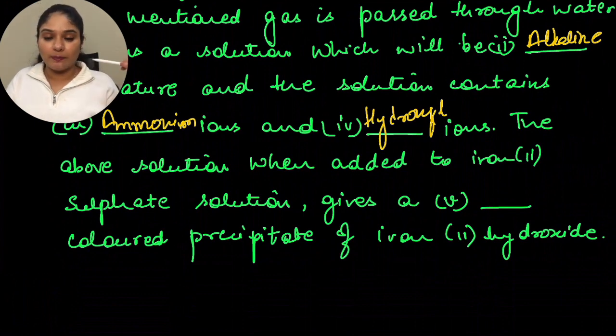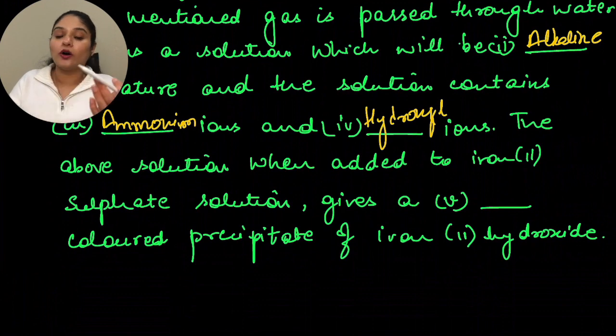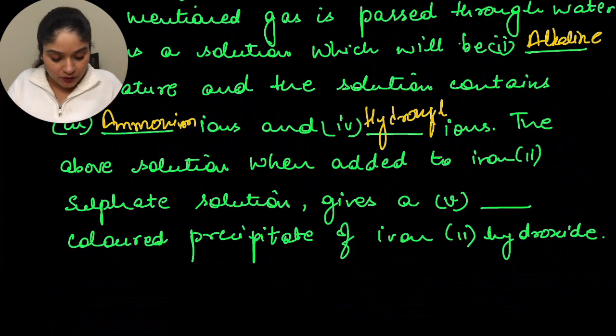Either you would have learned this from analytical or you would learn this in this chapter. Wherever works best for you, you need to remember the color of precipitates. In this particular case, you have iron 2, so that is your dirty green. So dirty green PPT.